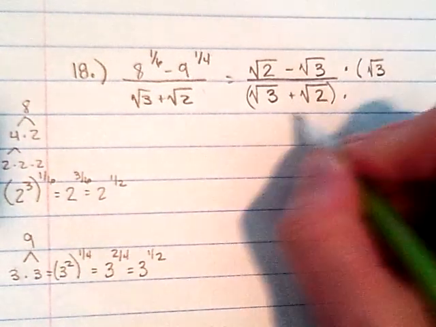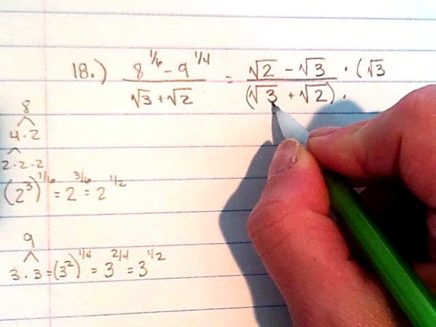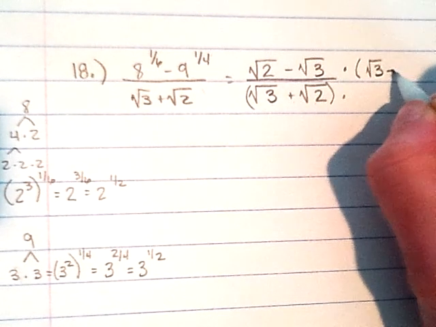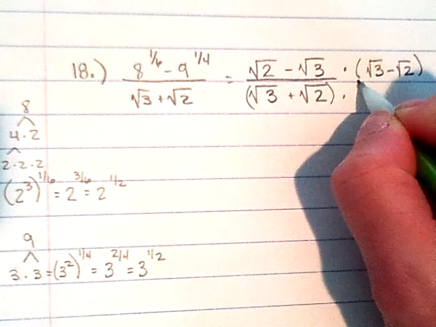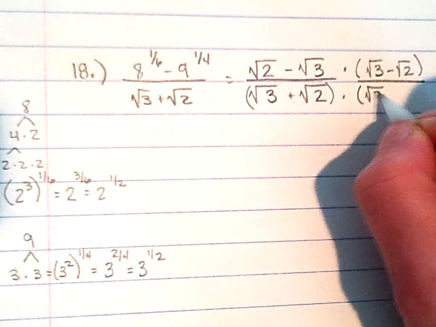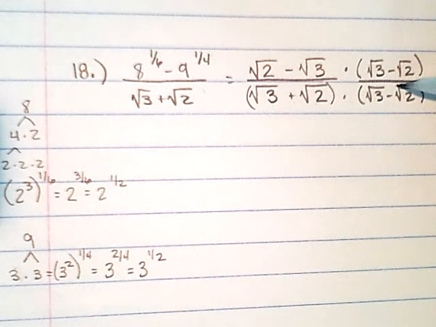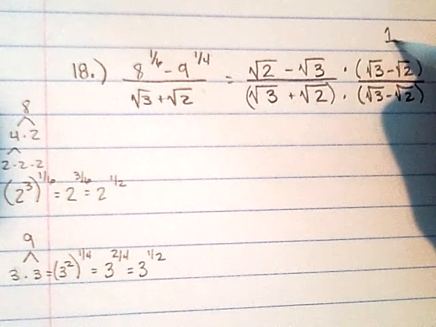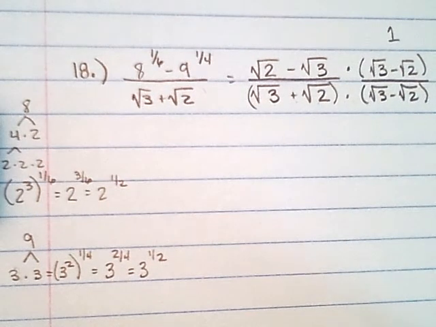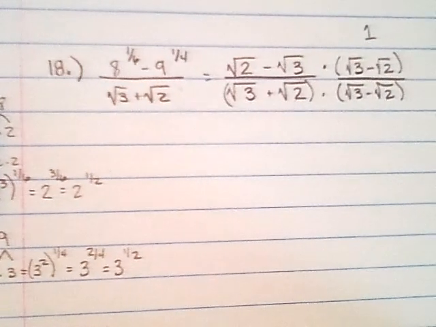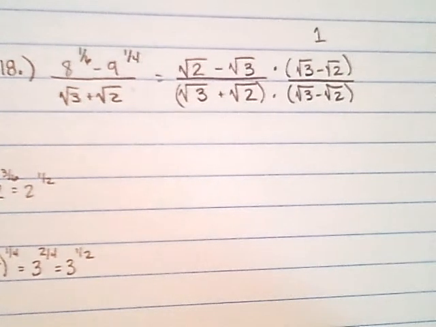I'm going to take the denominator, which was the square root of 3 plus the square root of 2, and make it the square root of 3 minus the square root of 2. I'm going to do that on the top and the bottom because really all I'm multiplying by here is the number 1. It's a complicated version of the number 1, but it's multiplying by 1 nonetheless.